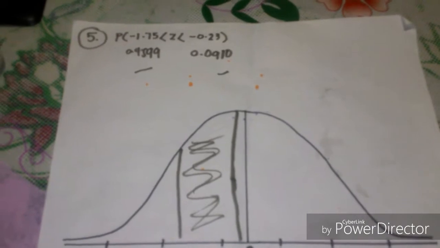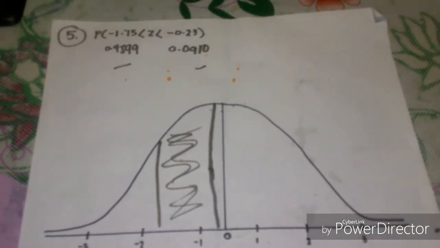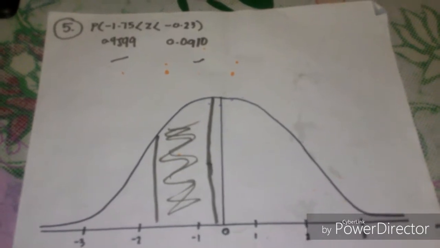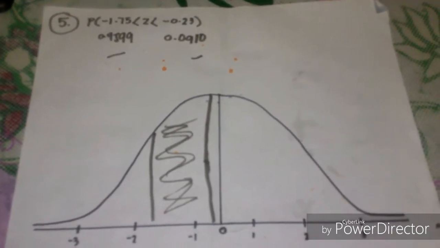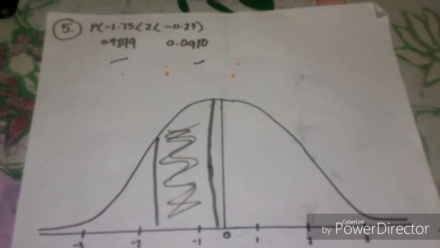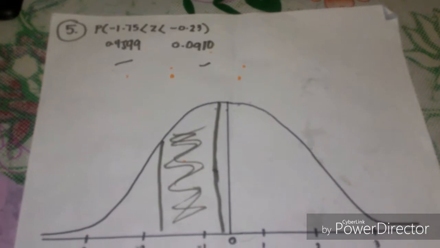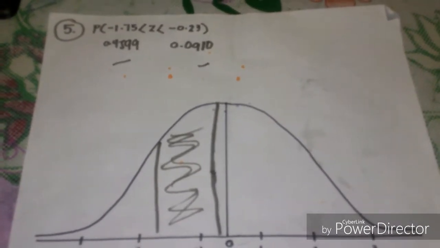So we are now in the fifth problem, which is the probability of z is greater than negative 1.75 but less than negative 0.23. For now, we need to find those values in the z table.